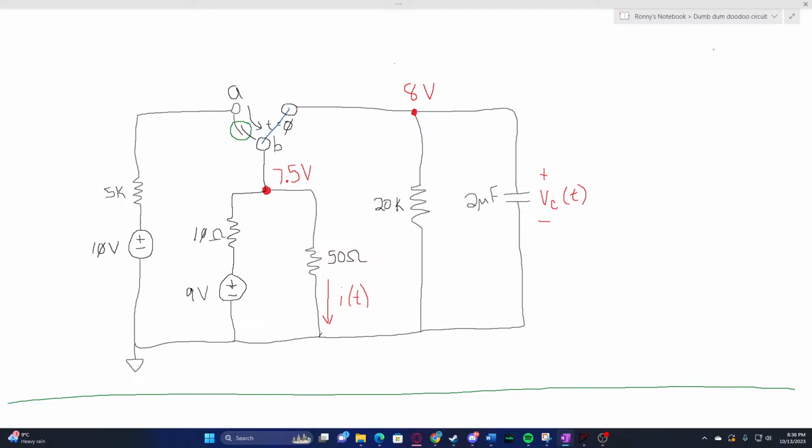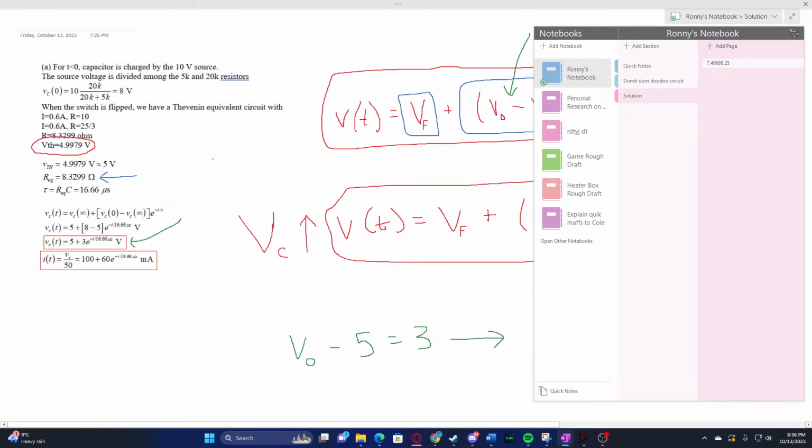That is an interesting question. They're saying that with their Thevenin equivalent circuit, they're getting 0.6 amps. Okay, so let me take 9 volts divided by 0.6 amps, 15 ohms.